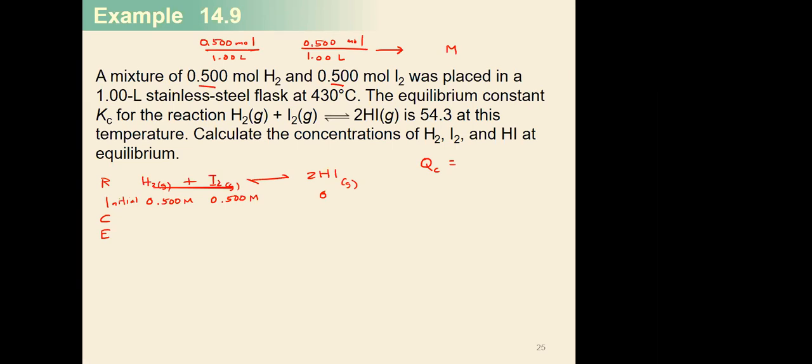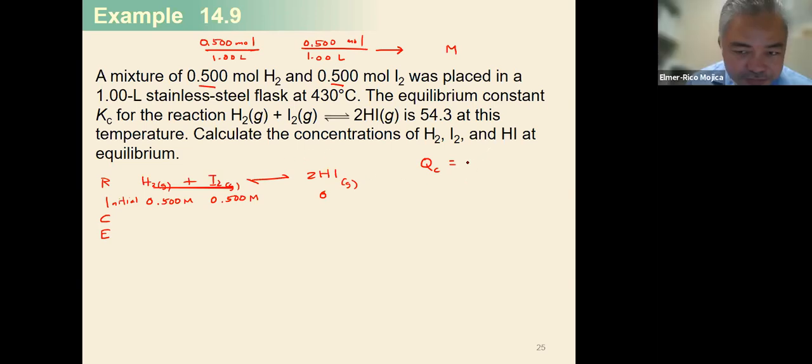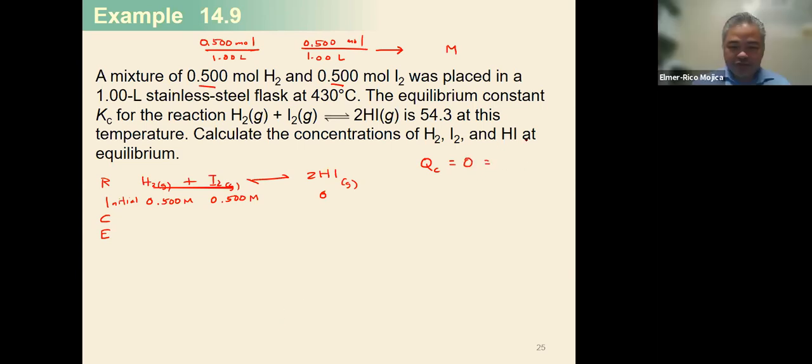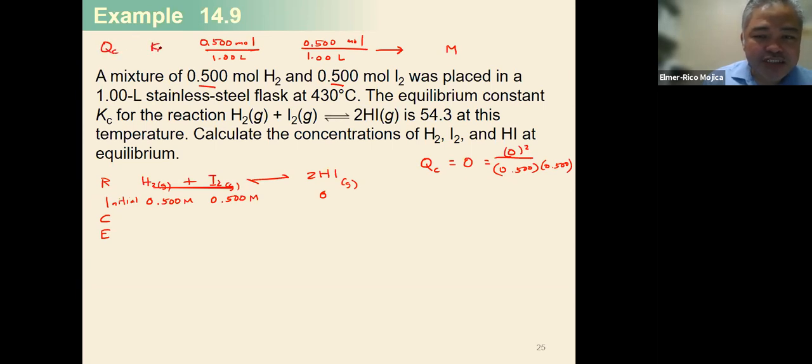Qc is equal to 0, because this is just 0 squared over 0.5 times 0.5, right? 0 divided by a number will give you 0. So what does it mean here? Qc with respect to Kc is what? Less than. So that means the reaction needs to proceed from left to right.